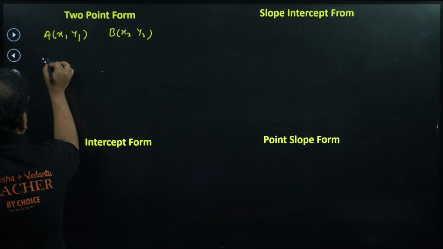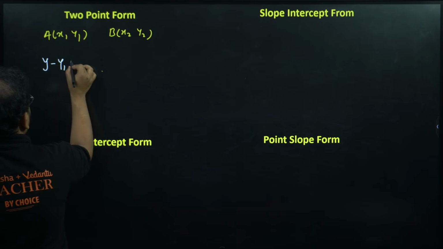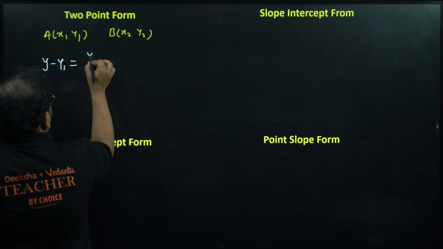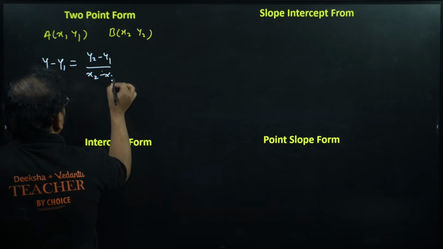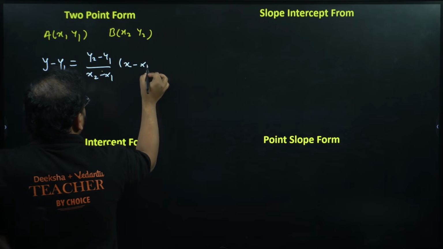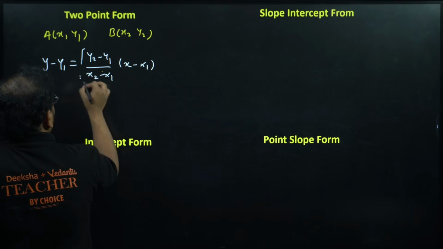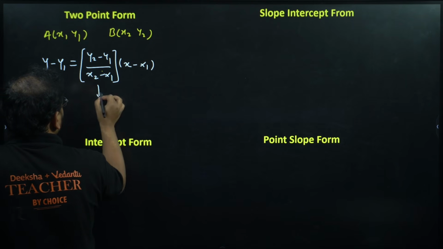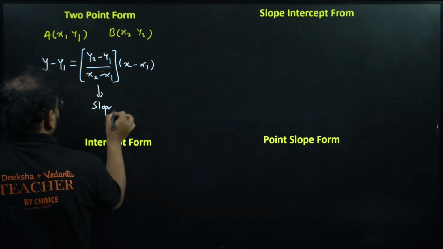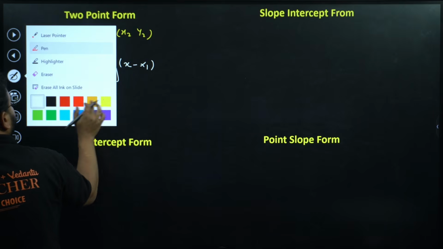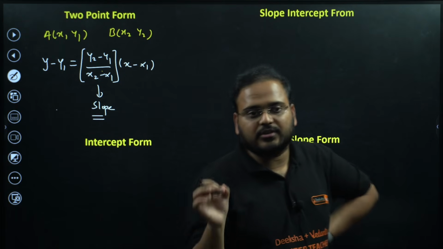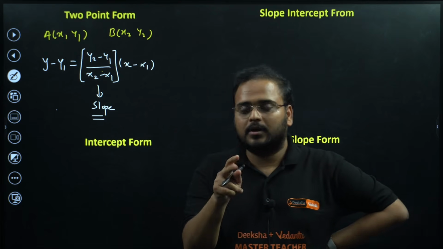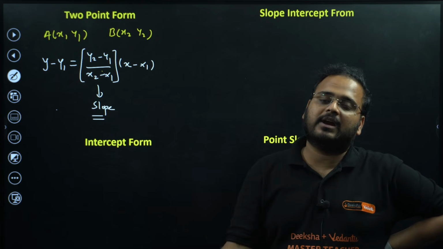Using this, the formula is y minus y1 equals y2 minus y1 upon x2 minus x1, times x minus x1, where this particular value represents the slope. I hope it makes sense. The equation I wrote right now is how to write the equation of a line when you have two points known.